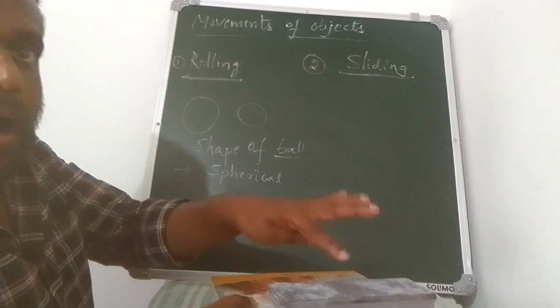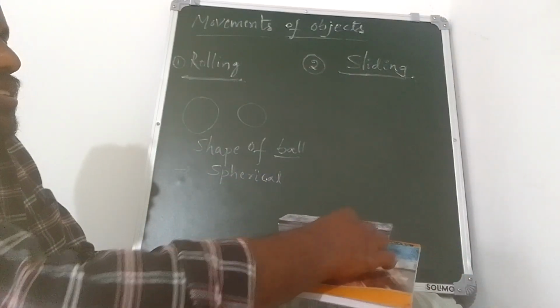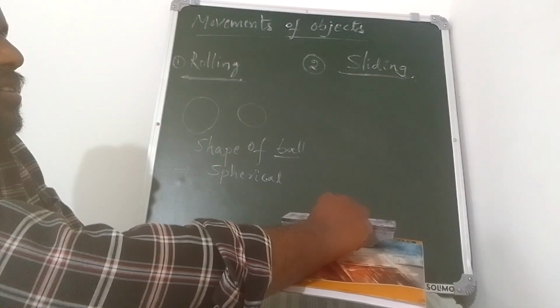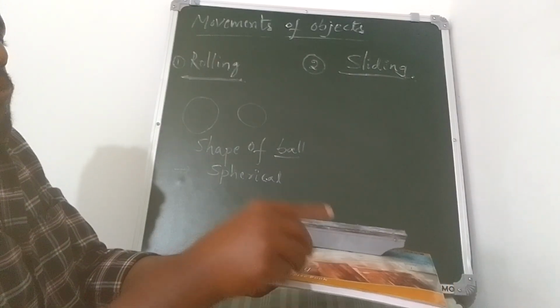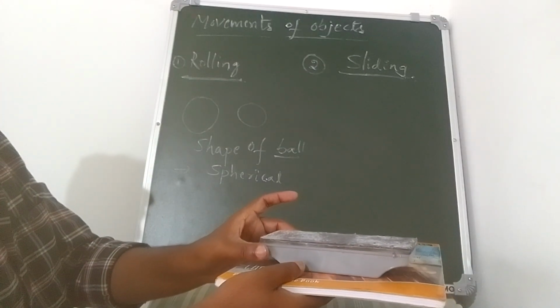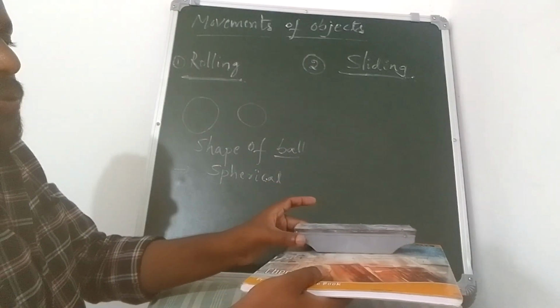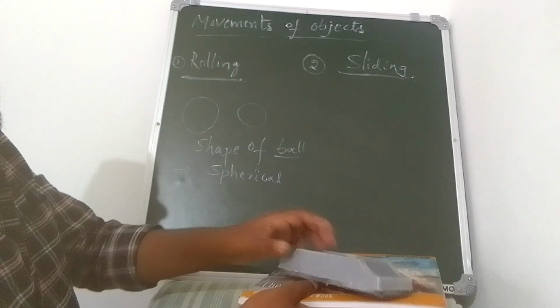See, like the ball and like this chalk piece. See how the chalk piece moves. Observe how the duster is moving. The duster is not moving like this, like this.